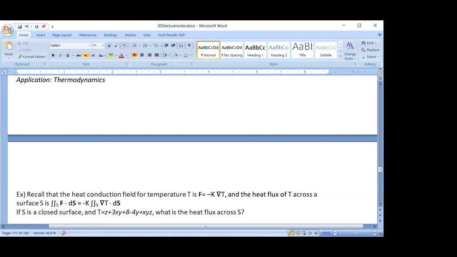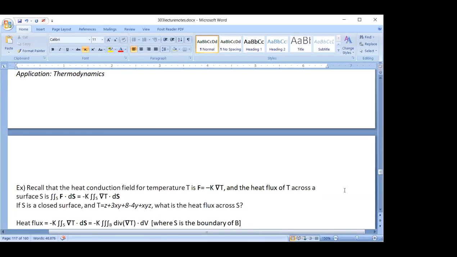So let's set it up. Note the heat flux is just the flux integral. So negative K, constant pulled out, double integral over the surface, gradient of T dot dS. But by Gauss's theorem, this is just negative K times the triple integral over the solid of the divergence of the field, so the divergence of grad T dV.